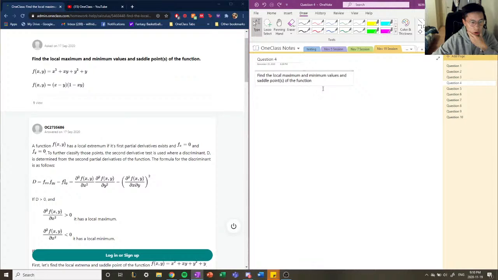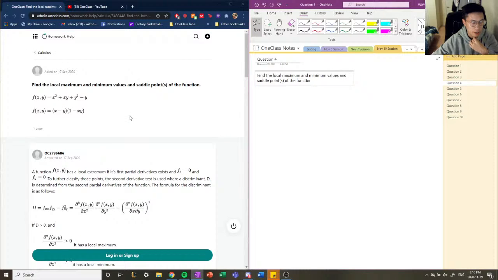Okay, so we need to classify what a local extremum is, first of all. A local extremum is somewhat like a critical value, but it's for mostly multivariable functions.